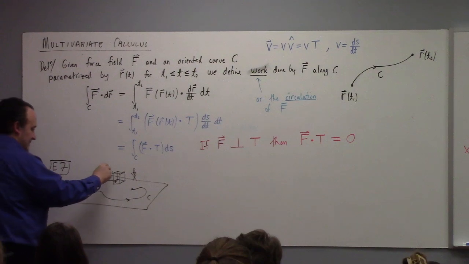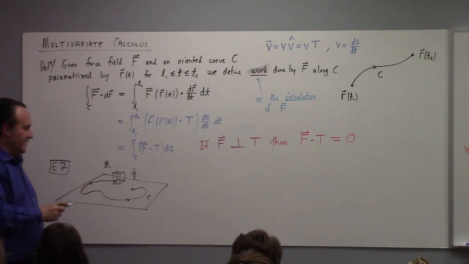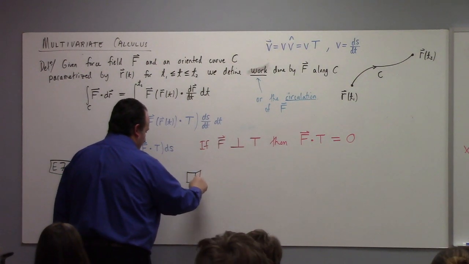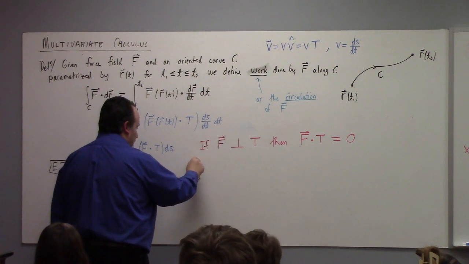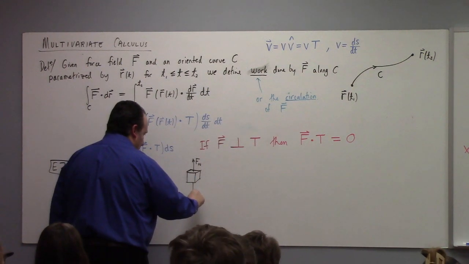If this box has, say, mass m, we could draw the free body diagram at an arbitrary point. What's going on here? We've got the normal force going up, and we've got the force of gravity going down.